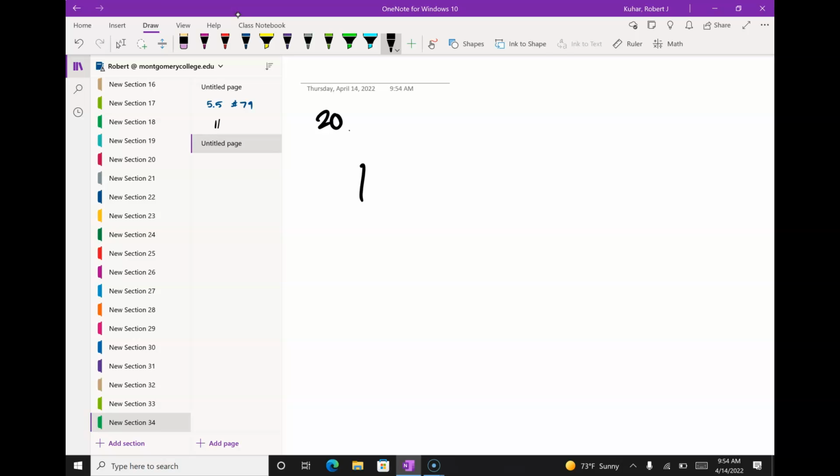So 20, I've got the integral of secant of 2x, tangent of 2x, dx. Well, I know secant x tan x is a derivative. That's the derivative of secant.